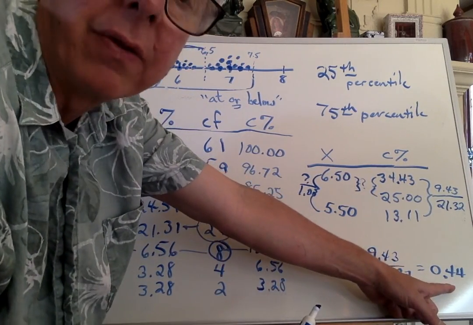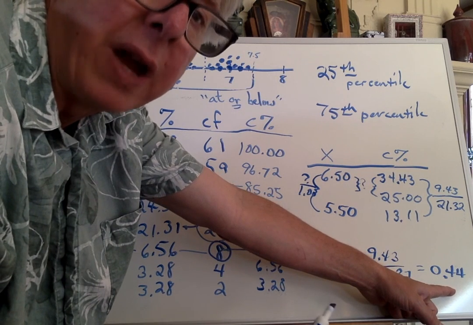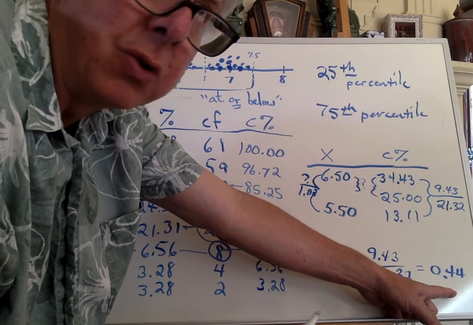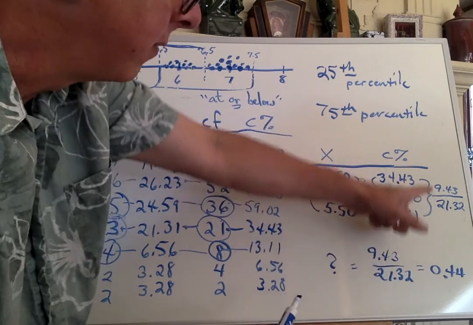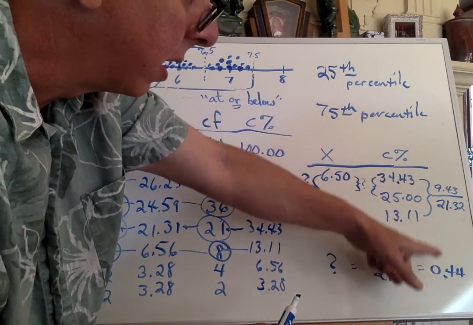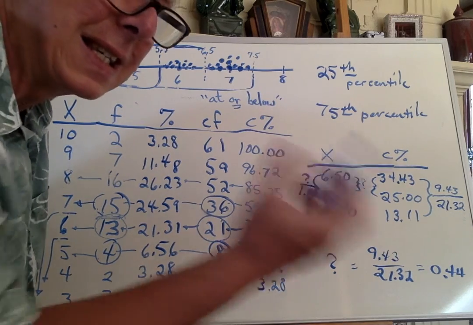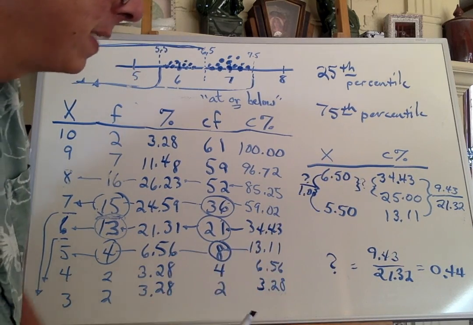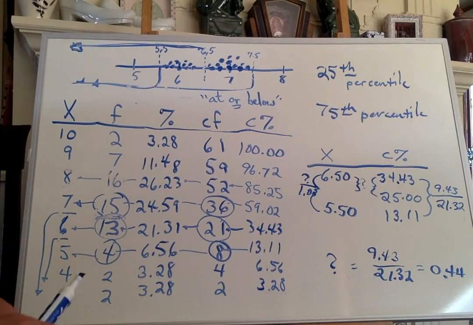Just a little under a half. If you can do that, you will do better on your exams because you'll know if you made some kind of outrageous mistake, okay? If you did this division and you came up with 0.87, I'd be like, what? That doesn't make any sense, right? This stuff makes sense. Don't lose control over the concept just because the numbers are a little bit more complicated, okay?